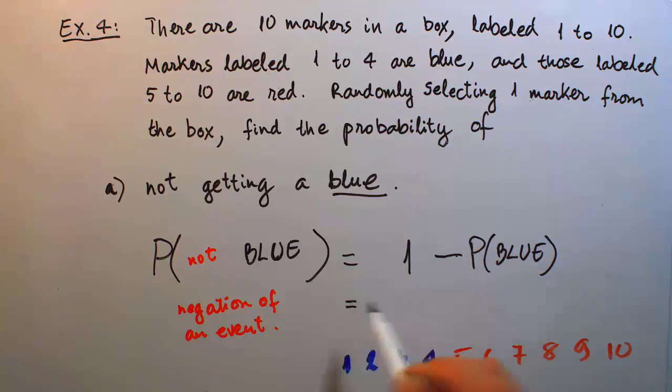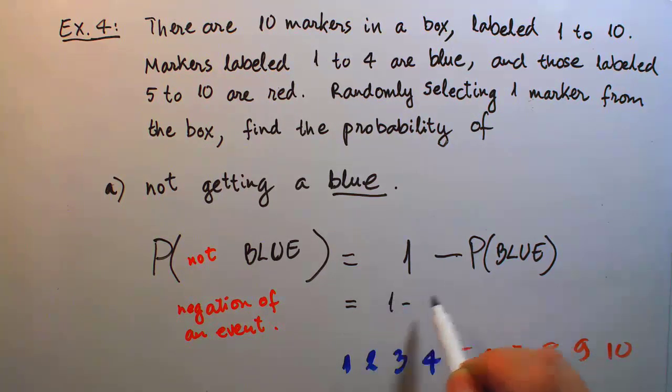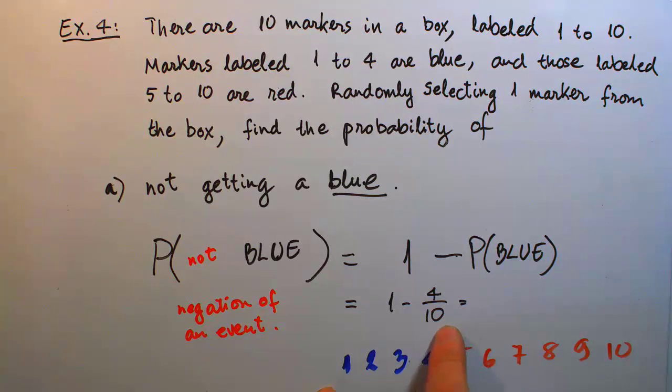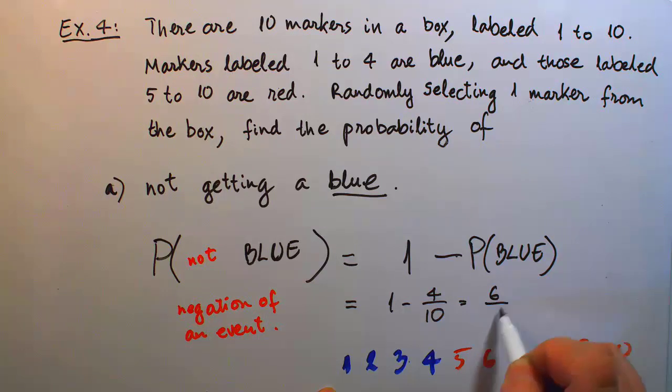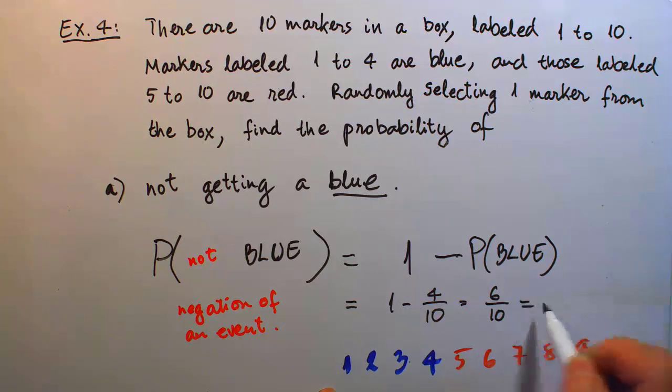We know that there are 4 blues out of 10. And of course, finding the probability of blue, we have to rely on the count right here. So 4 out of 10 being subtracted from 1, our answer is once again back to 6 over 10, or reduces down to 3/5. And so that's a different way of arguing it.